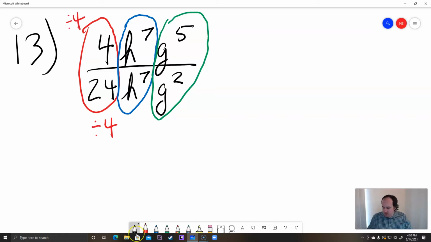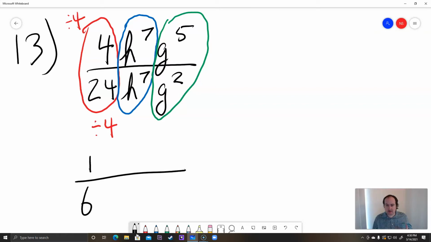Right now I'm just focusing on the red part, which is 4 over 24. On the top, 4 divided by 4 is 1. And on the bottom, 24 divided by 4 is 6. Alright, so that took care of the constants.